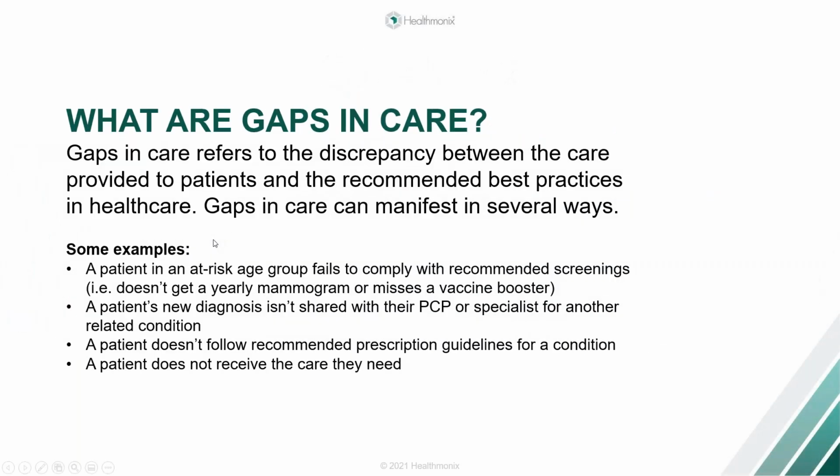Thanks, Mike. So yeah, as Mike's talking about, what we're seeing is MIPS is becoming more and more difficult. We're really transitioning from what CMS is calling the transition period, which is up through 2021 and 2022, and now CMS is really saying, okay, we're going to get serious about this now.